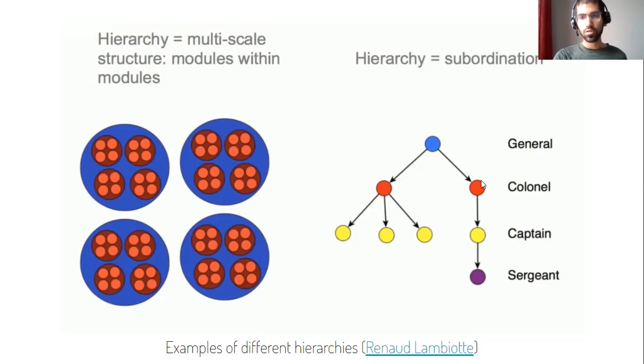This person cannot talk to that person. They cannot coordinate anymore because they don't have a link connecting them. This is where you might want to restructure your network to make it a little bit more resilient. So on the left here, you see an alternative example of how a hierarchy might be structured.